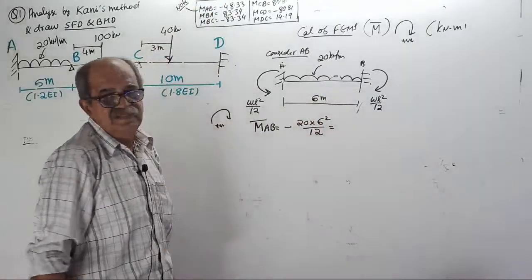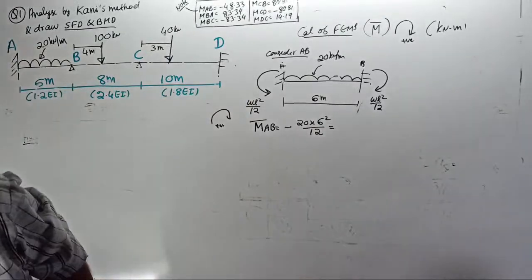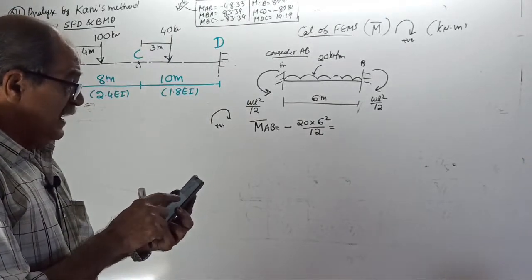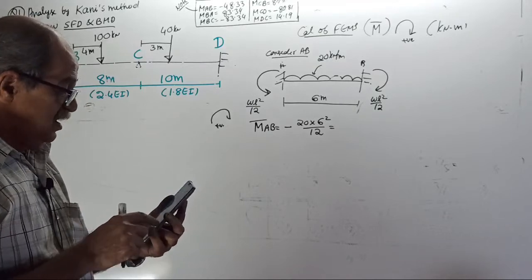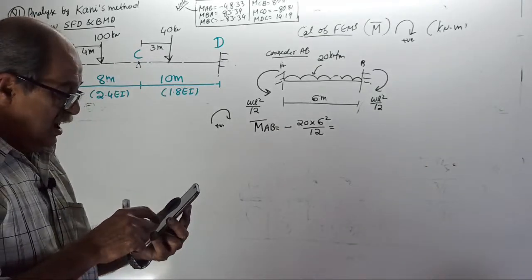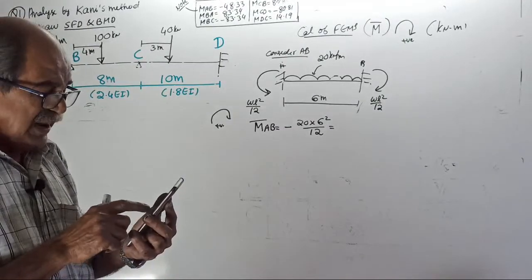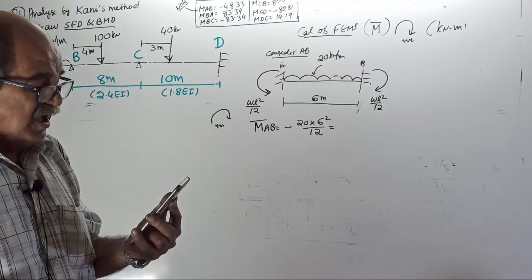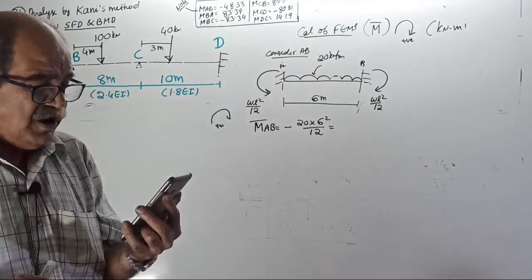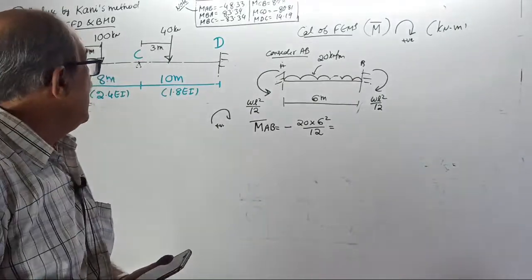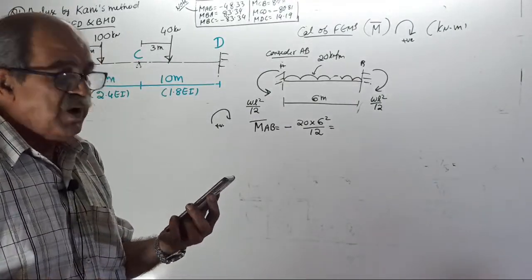Fast, tell the answer. Answer fast, do not waste time. You tell the answer fast so I can continue, because today we have to do a lot of calculation. This question should be completed today. Minus 48.33?